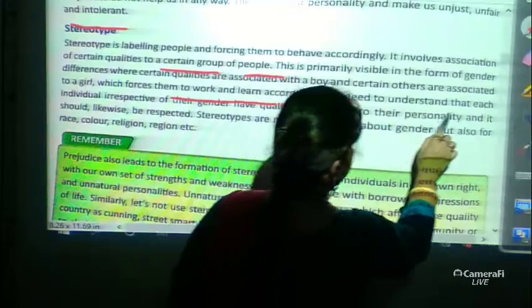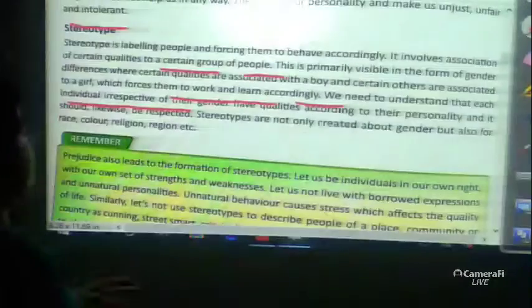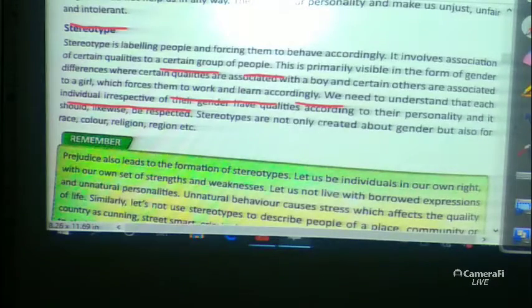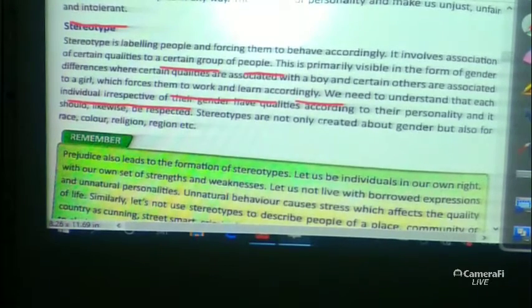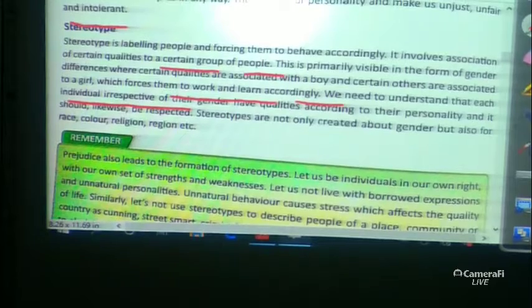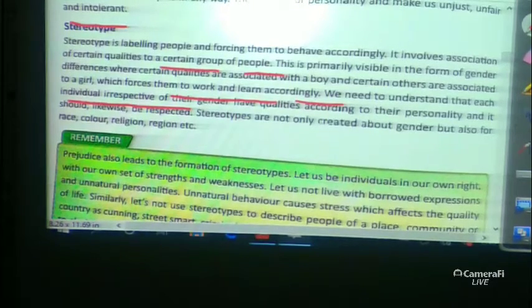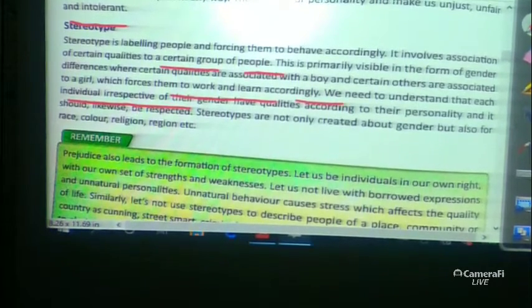We need to understand that each individual, irrespective of their gender, has qualities according to their personality, and it should be respected.